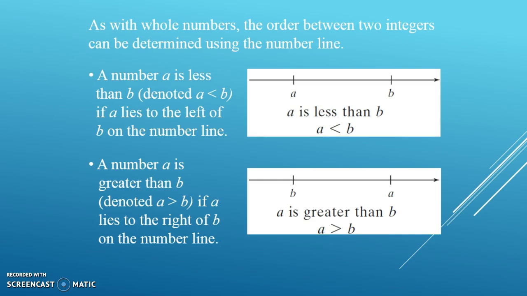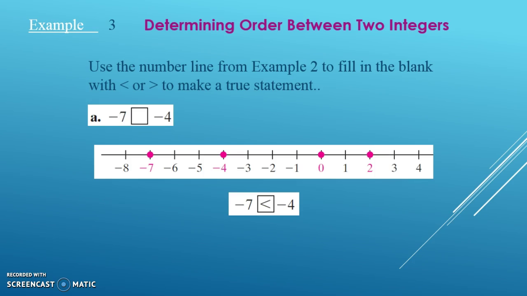They work exactly the same as the whole numbers. So anything to the left is less, anything to the right is greater than. This is just an example of how to determine order. So if you're actually visualizing that number line, that will help you with the less than and greater than symbols.